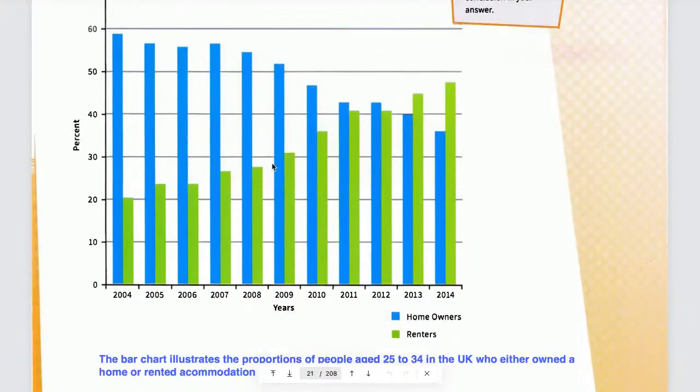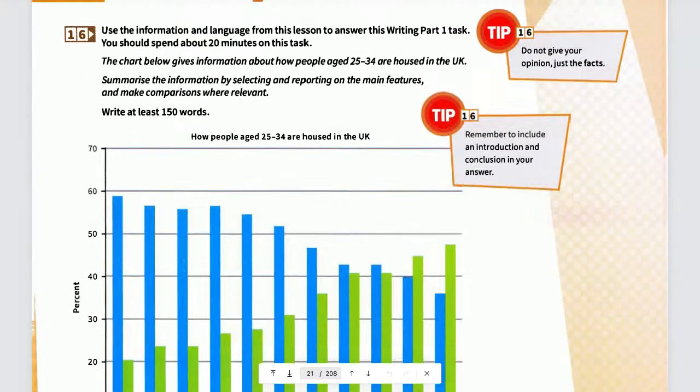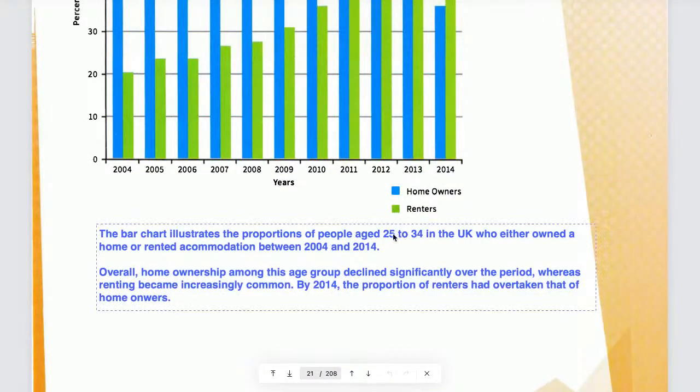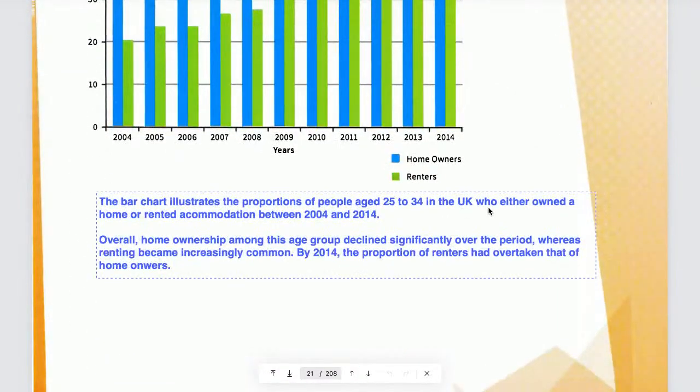That is the best strategy for the introduction. So, the proportions of people, and then aged 25 to 34 instead of just age 25, we replace that with 25 to 34, and then in the UK, of course, we can use that again, no problem.